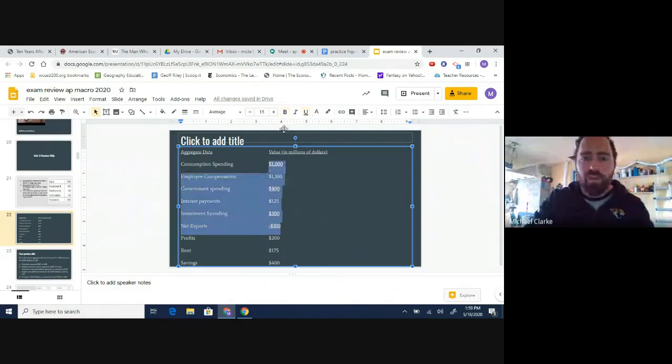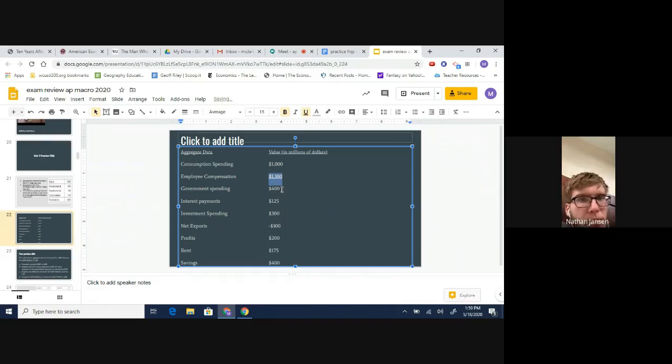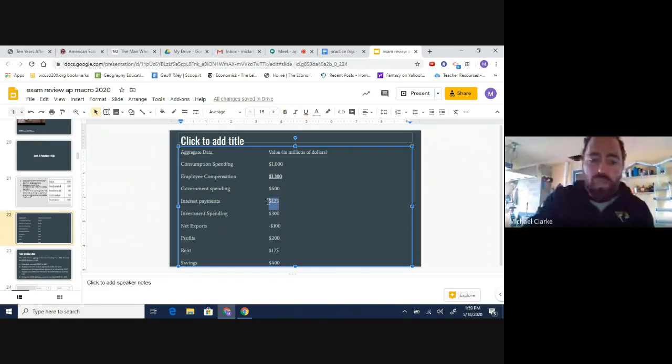And now you're wondering, all right, what if I used the income approach? Hang on one second. All right. So with the income approach, we're counting all people's income. That would be employee compensation and interest payments, because remember, interest payments are somebody's income. It's what a banker is making when they give somebody a loan. They're being paid interest. It's profits.